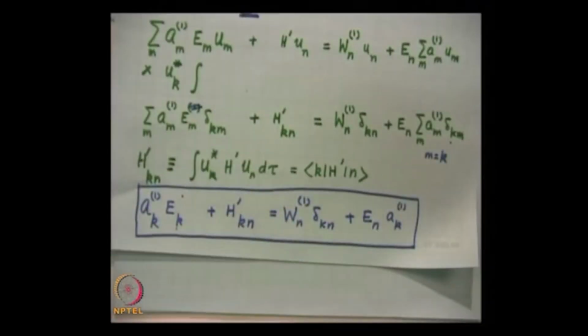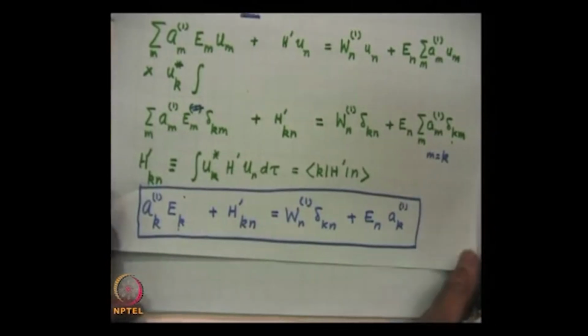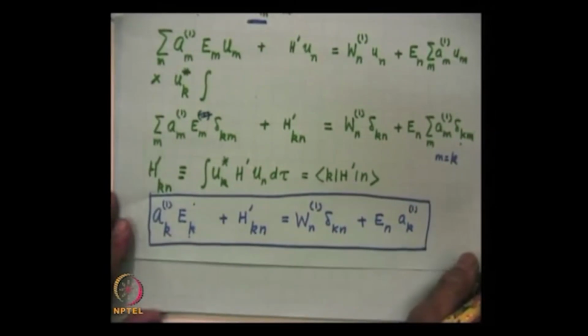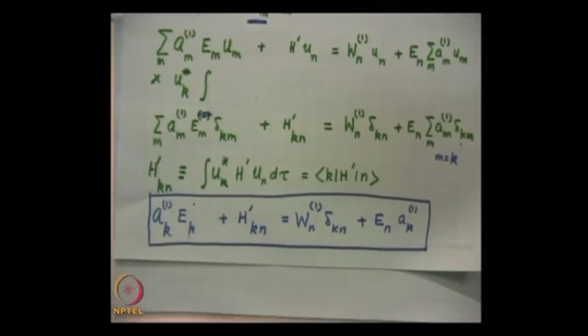matrices. Now, we go back to our first slide, yes, we go back to this slide. We said that n is equal to k, then we had W n 1 is equal to H prime n n.